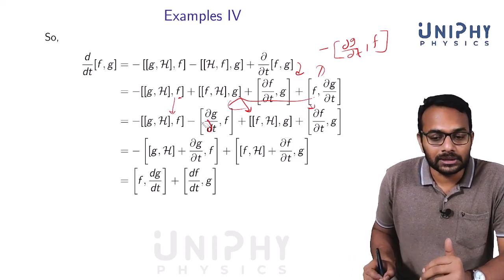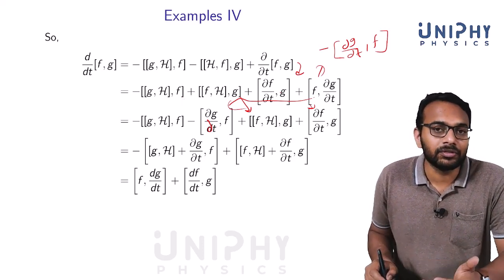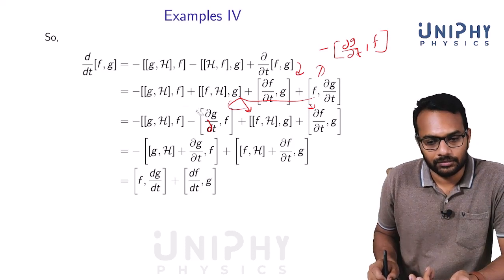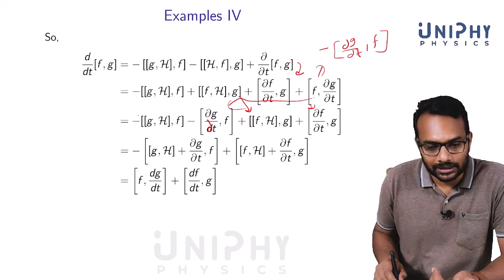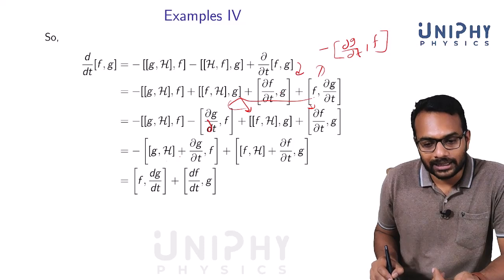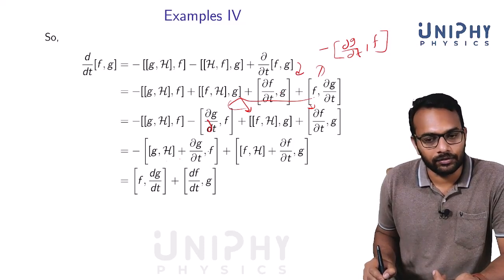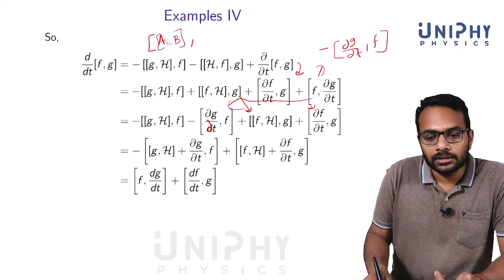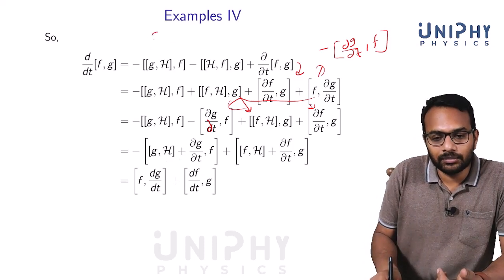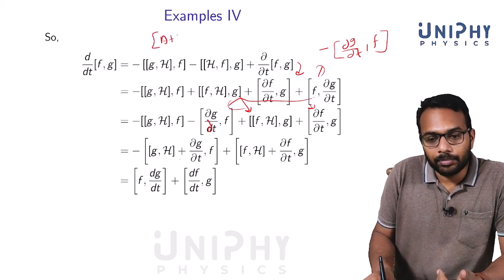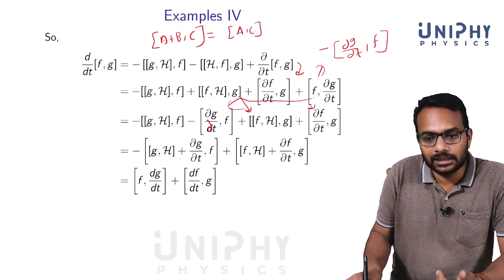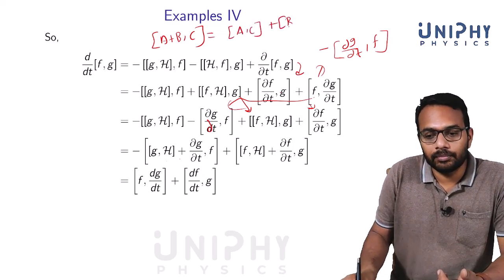Now we use the distributive property of the Poisson bracket. If you have something like this, there are two things with f. We can write that as, you take this minus outside, g comma h plus dou g by dou t comma f. This is the distributive rule. If we have something like a plus b comma c, this is a comma c plus b comma c.